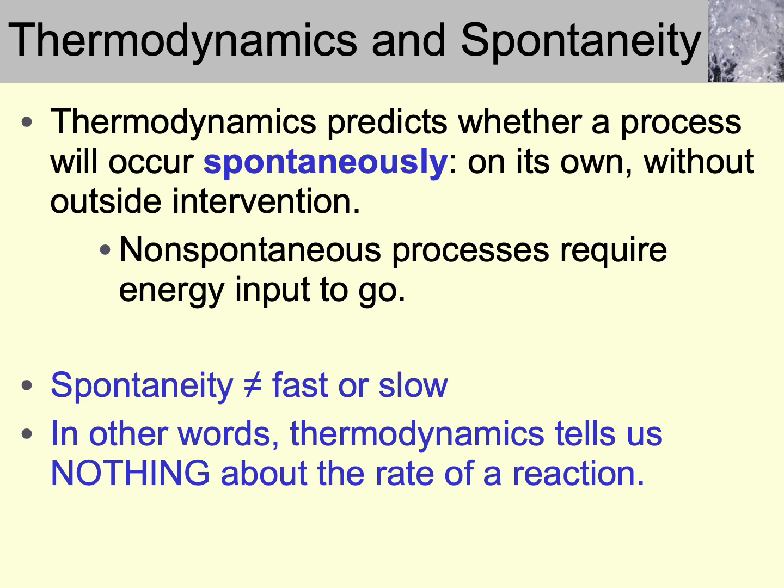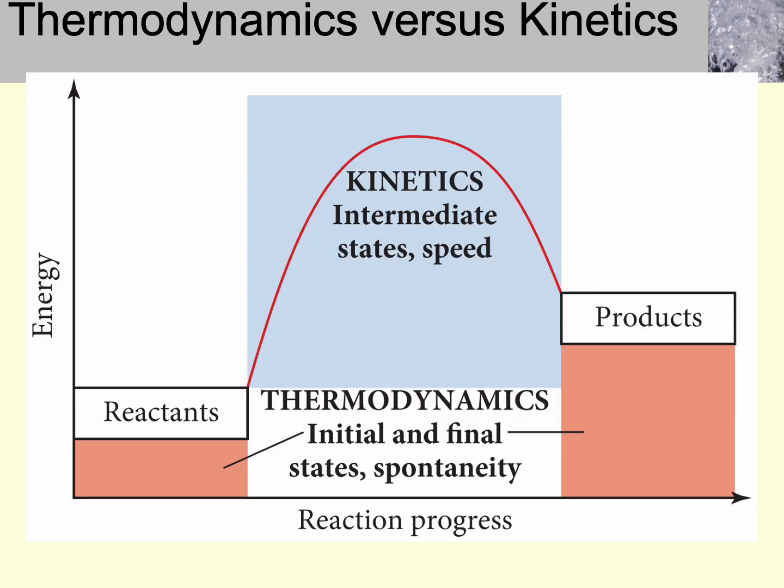Non-spontaneous processes, we have to do something to make them go. We have to put energy in. But the really important takeaway on this particular slide is this right here. Spontaneity does not equate to being fast or slow. Very slow is still spontaneous. Very fast, still spontaneous.